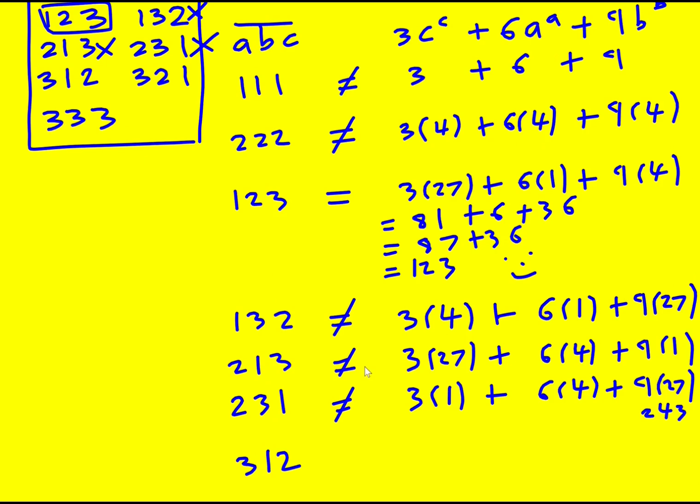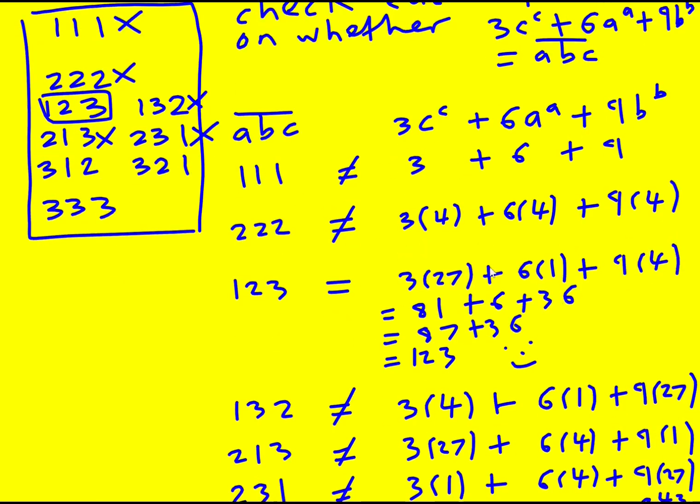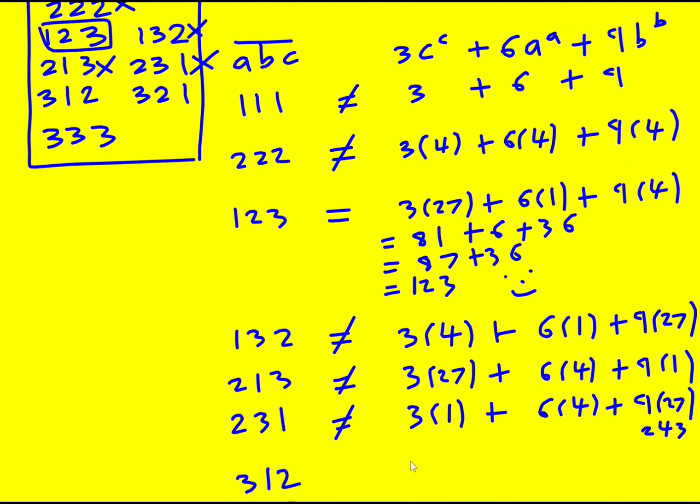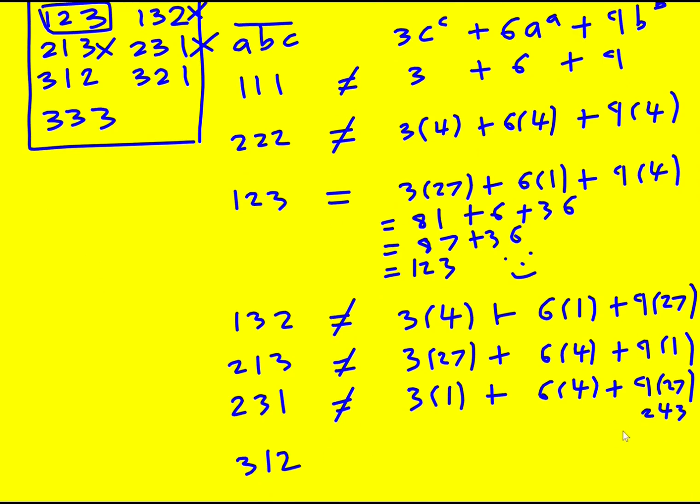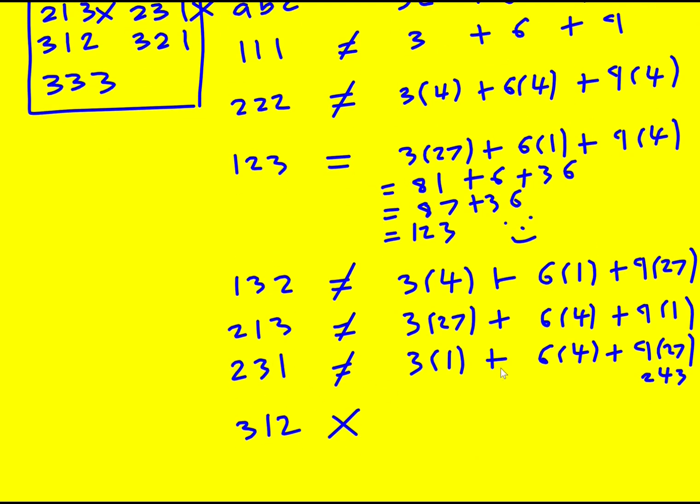The largest one comes from the 9 times, and we're just not going to get a number anywhere near big enough. So I'm just going to put a cross, because the C part is going to be 1 here with the 9. And then we're going to be doing 3 to the 3 at some point, but it's just not large enough. And nor is 321.